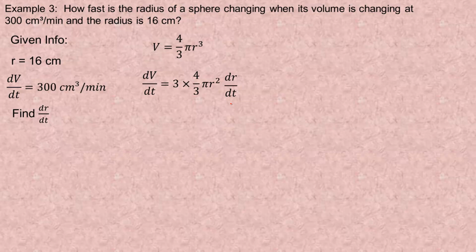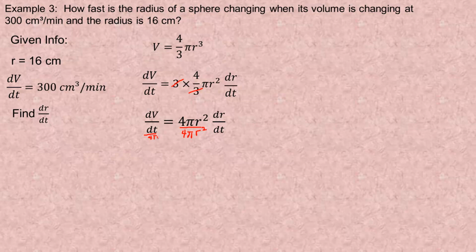Now what happens with these 3's is these 3's divide out like that. And so on the right side, we just have 4 pi r squared dr/dt. So dV/dt is equal to that quantity. Now, it's dr/dt we're looking for, so what I would do now is isolate the dr/dt. So I would divide both sides by this 4 pi r squared on both sides.